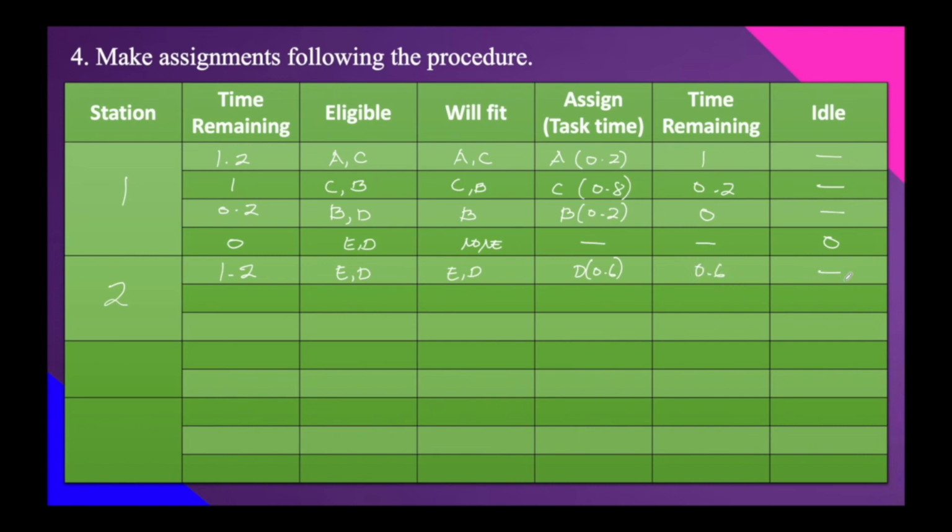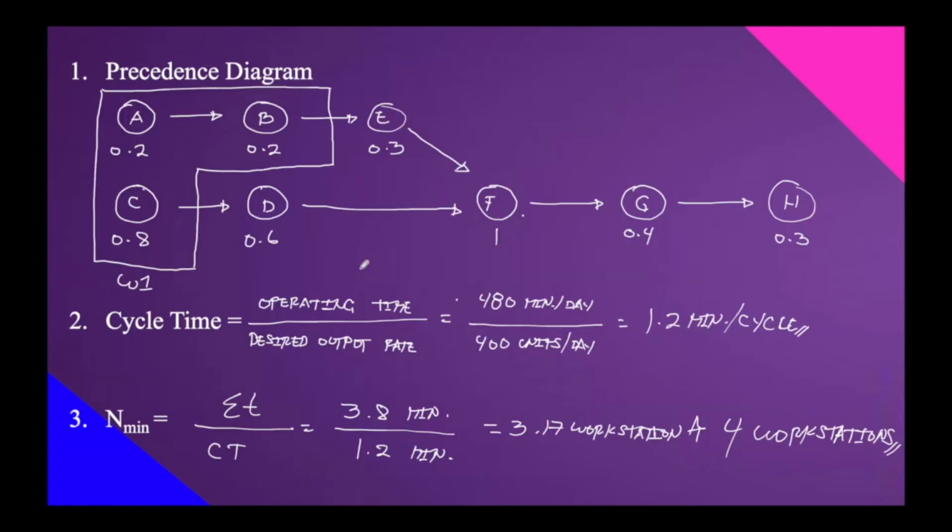No idle for now dahil di pa tayo tapos. So 0.6 time remaining here. And eligible is si E. Okay. And eligible na ba yung next natin? Si F. Actually, hindi dahil 1 minute siya.